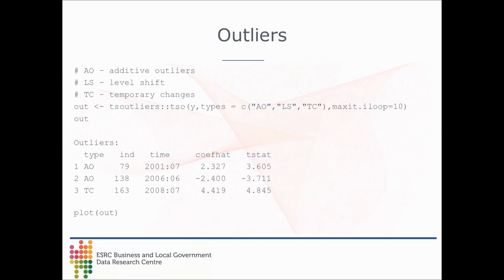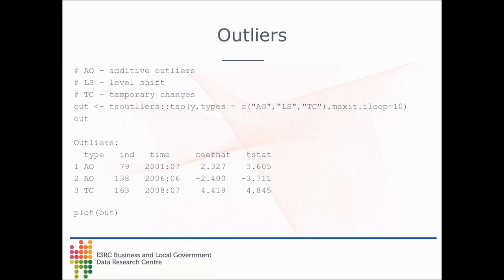So I'm using the tsoutliers tso function. My data frame is y. The types of change I'm looking at are listed there, and I'm going to do 10 loops through the main data frame.